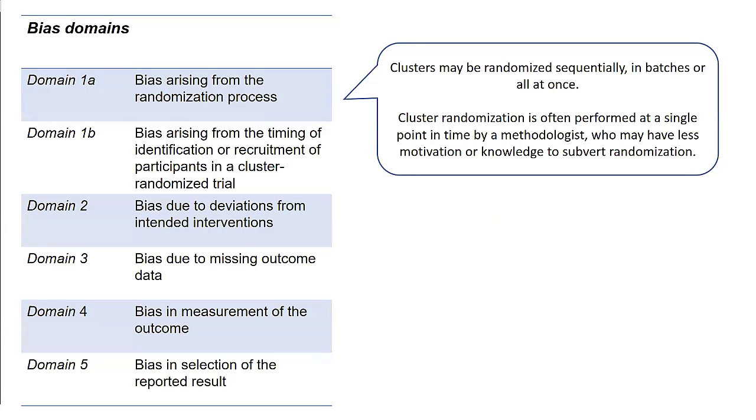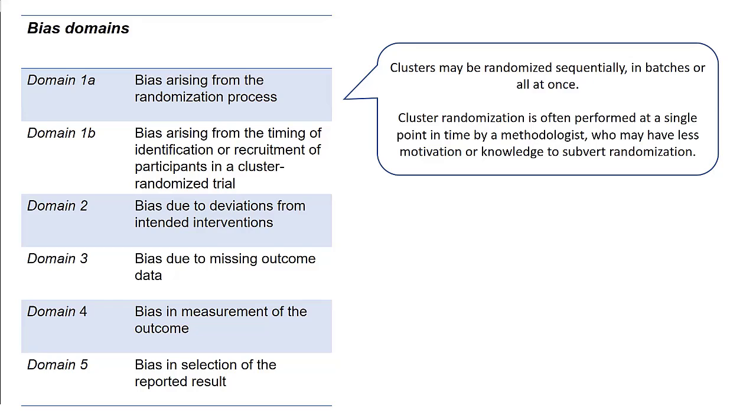Okay, and let's look again at some of the bias domains that are specific for cluster trials. There is a specific risk of bias tool for cluster randomized trials. Again, you can find that at the risk of bias website that I showed earlier.